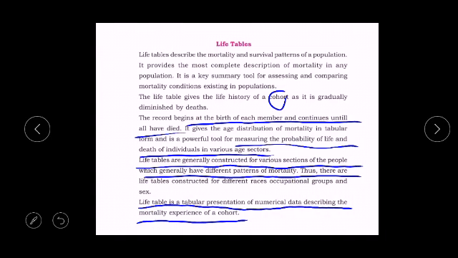They can make any sections and put them in one single table. Thus there are life tables constructed for different races, occupational groups and sex. So the table may be made for different genders: a separate table for male, a separate table for female, and based on occupational groups.